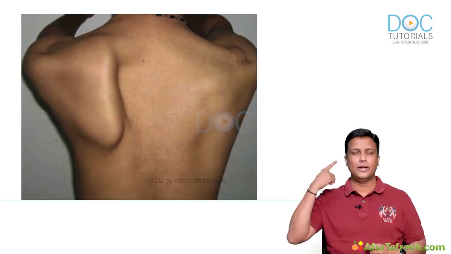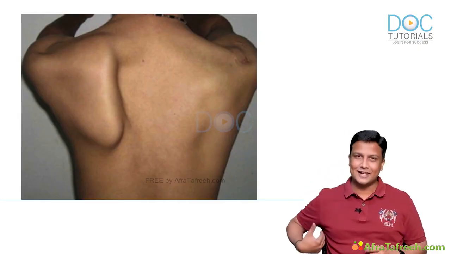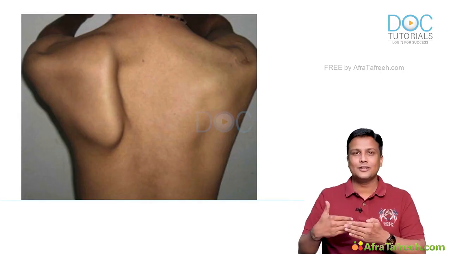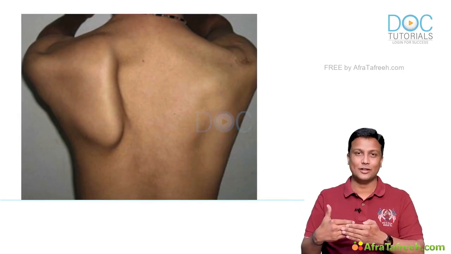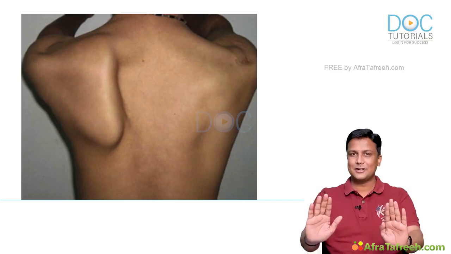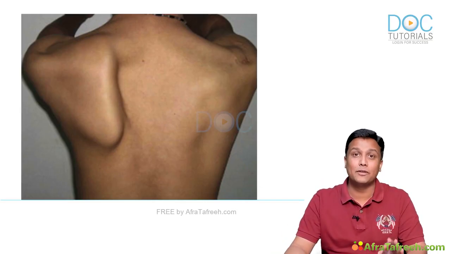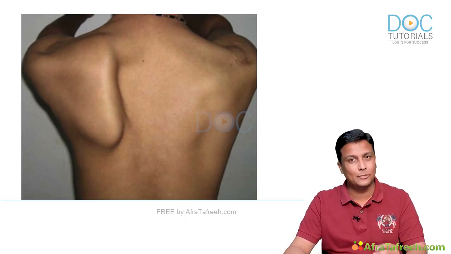But now the long thoracic nerve is gone, the serratus anterior muscle is paralyzed, so it's unable to keep the scapula along the rib cage, along the thoracic wall. Therefore, just ask the patient to push like this, and automatically you'll find that the scapula bone becomes prominent. That is known as winging of scapula.